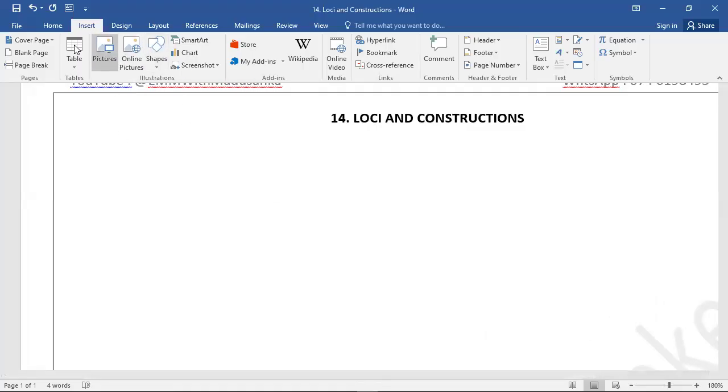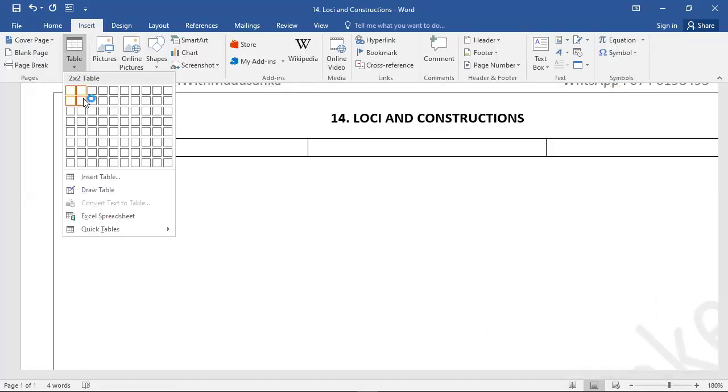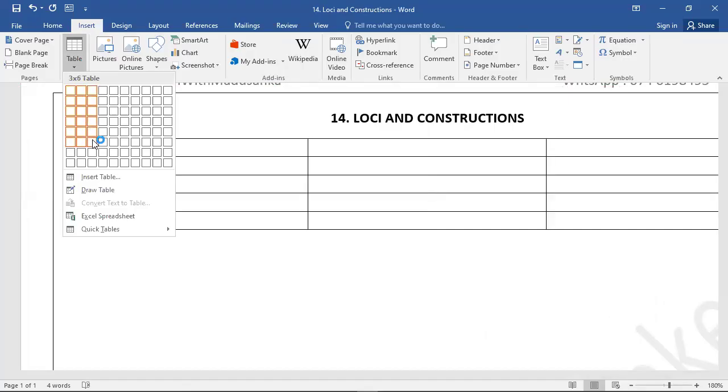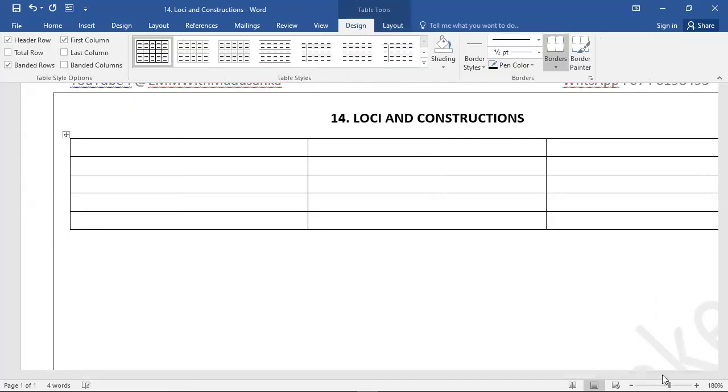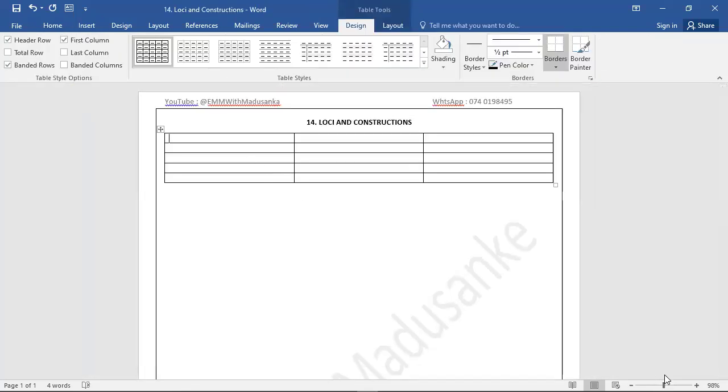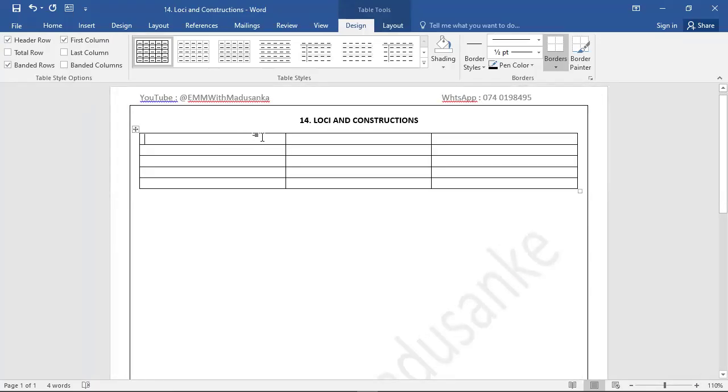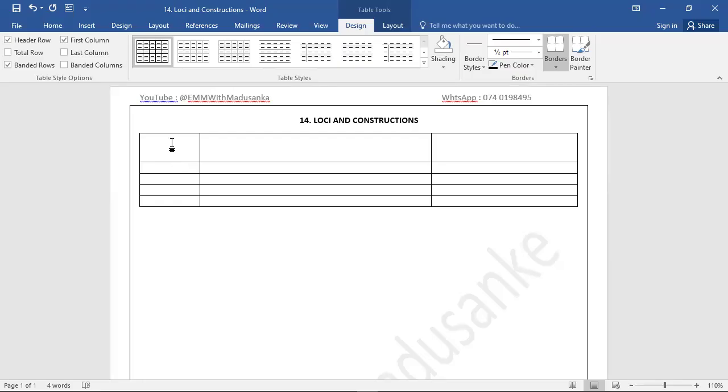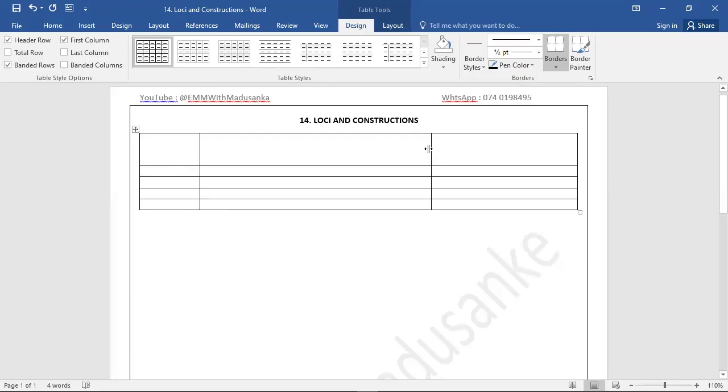First of all, I will insert a table. Please draw a table like this. There are things to be written now. Please wait until I write all the things.